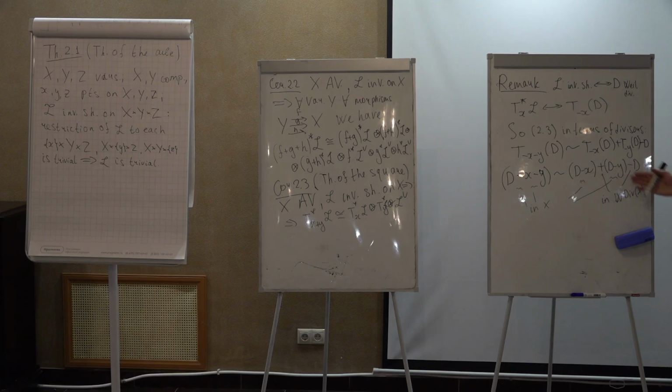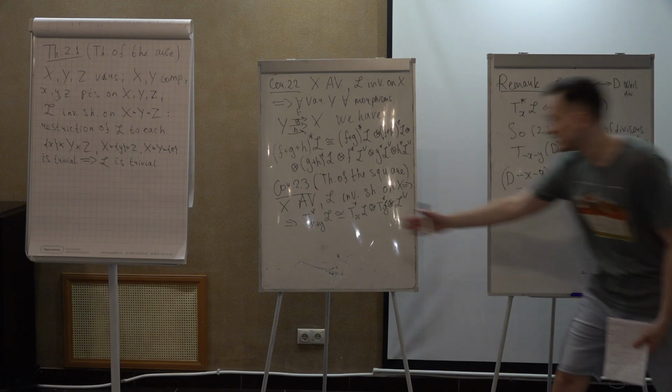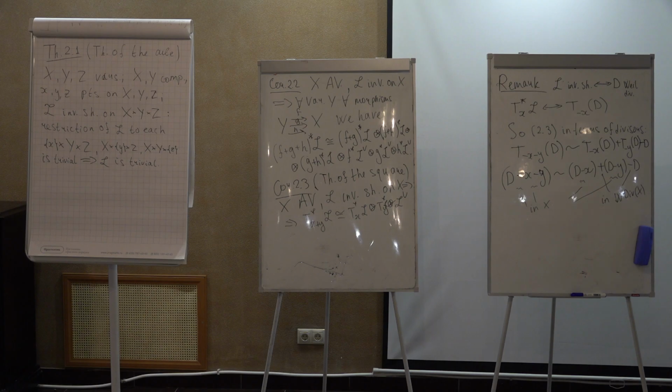But it's tempting to just remove the brackets, right, and to mix up those operations and get just the simple equality, right? And we will do this a bit later. So basically what this theorem of the square does, it provides us with a homomorphism from our X to the class group. We will use this to get this homomorphism from X to its class group.